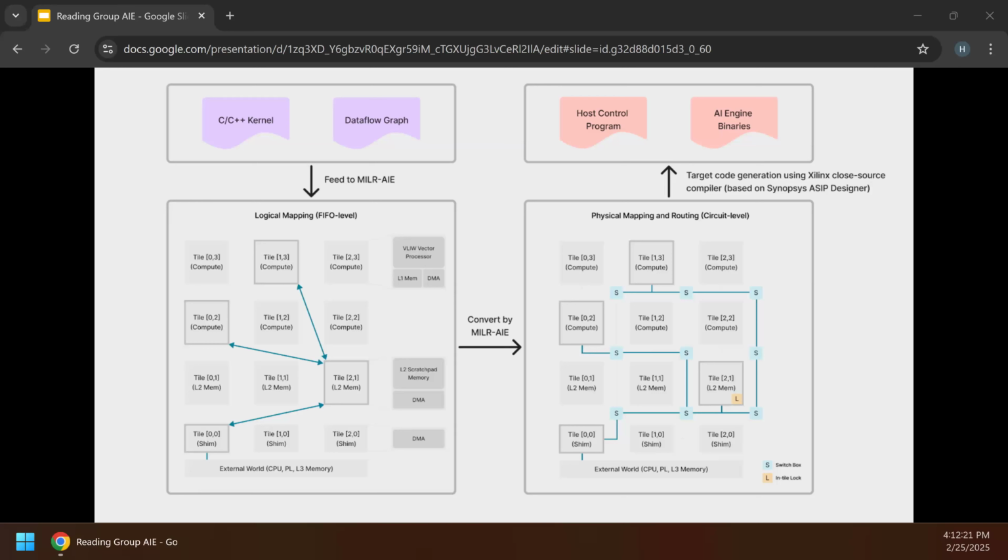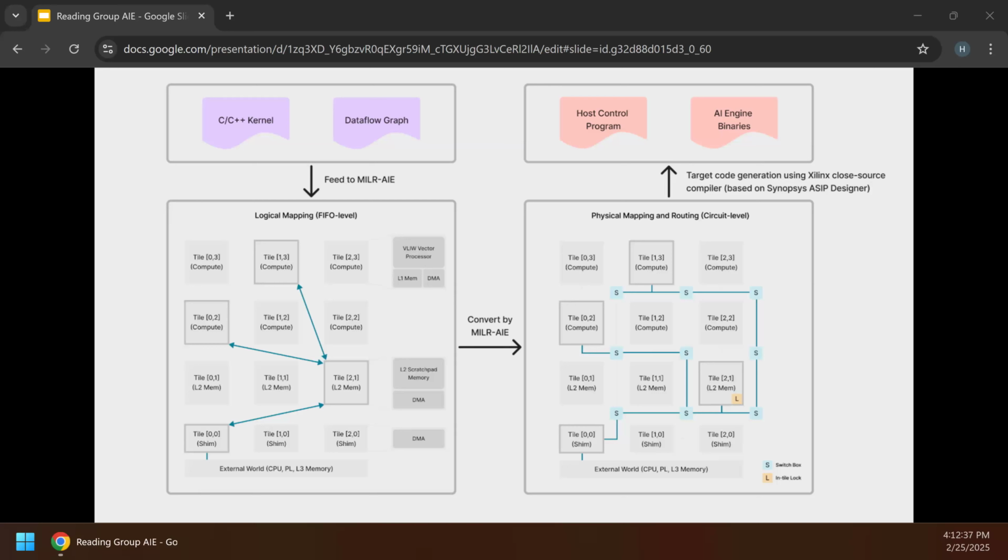As we can see, the blue arrows describe the communication or connections between different tiles.